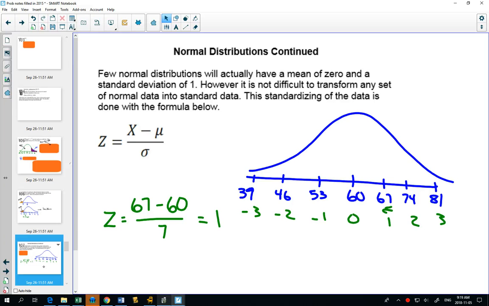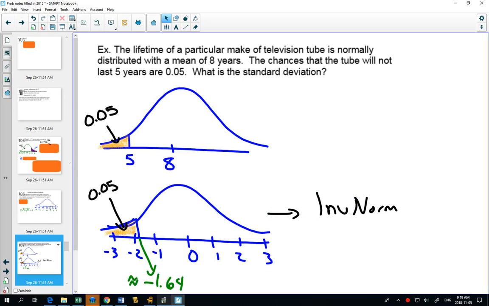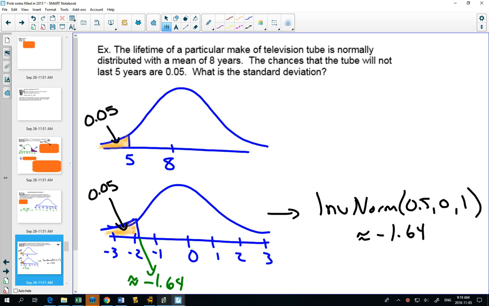So in our example, we had the mean of 8, and we knew 5 years was a 5% chance. I'm just standardizing it and going to my inverse norm 0.05, 0, and 1 to find that my z-score was negative 1.64.